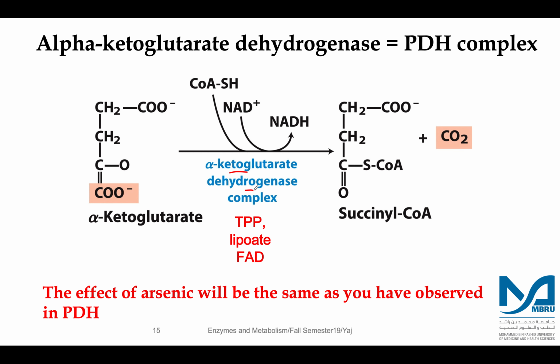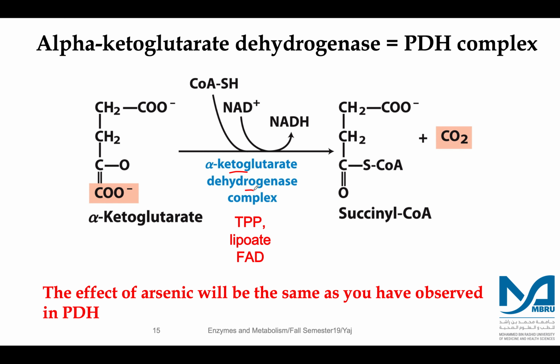So if I want to make an example out of this, in arsenic poisoning, since lipoic acid is not available because arsenic binds to lipoic acid, not only the pyruvate dehydrogenase complex but also the alpha-ketoglutarate dehydrogenase complex will be inhibited.